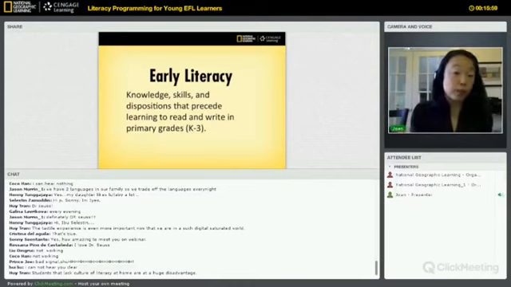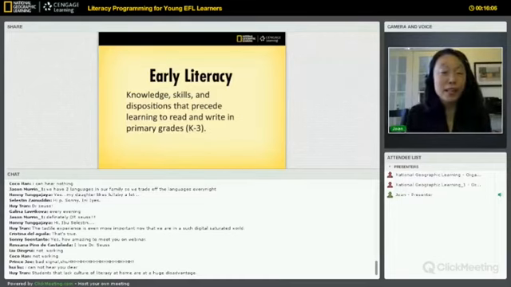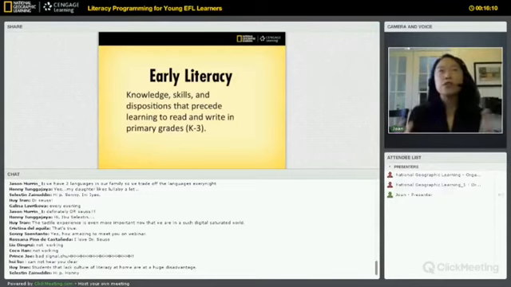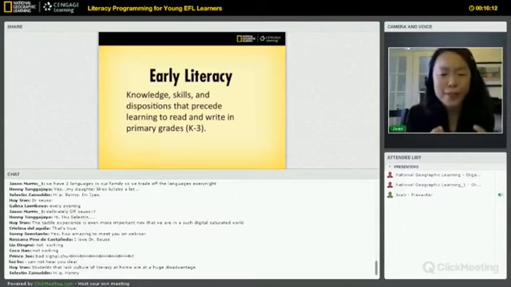This is one way you can name it. But the whole point is that early literacy means the knowledge, skills, and dispositions that precede learning to read and write in the primary grades. Okay, so this is talking about young children's grasp of print as a tool for making meaning and as a way to communicate, right, both oral and written language.